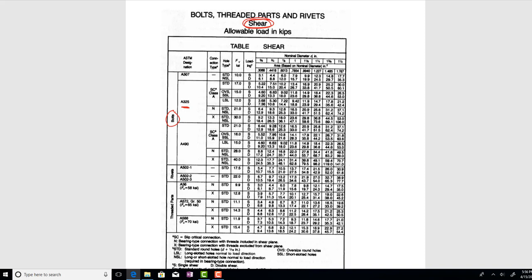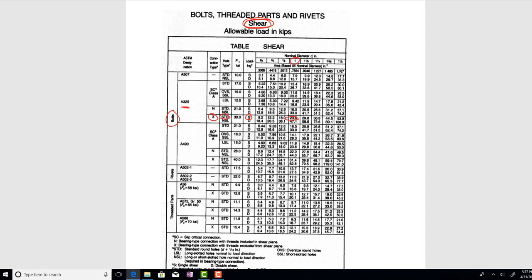I would tell you the connection type. Maybe I'd say it's an X with a standard hole type. And then the only other things that you'd have to make sure is, in this case, it would be a single shear connection. If we're dealing with a double shear connection, then it would be an NSL hole type. And then we would pay attention to what the diameter of the bolt is.